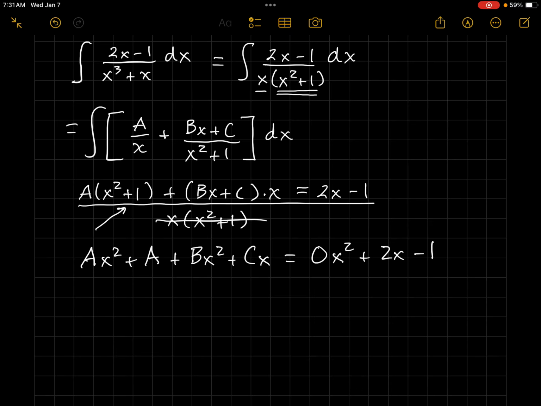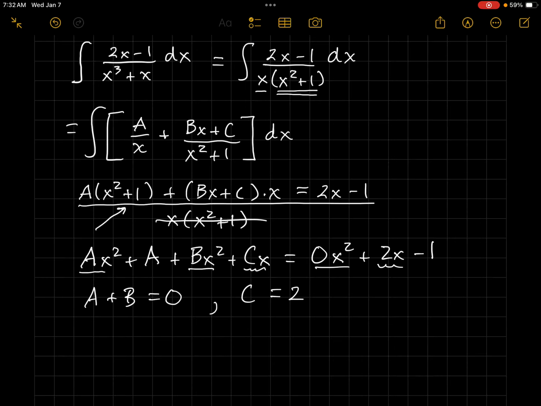And I'm going to compare like terms, starting with my x squareds, which gives me ax squared plus bx squared equals 0x squared. I'm going to look at my linear terms on each side. That's going to give me cx equals 2x.